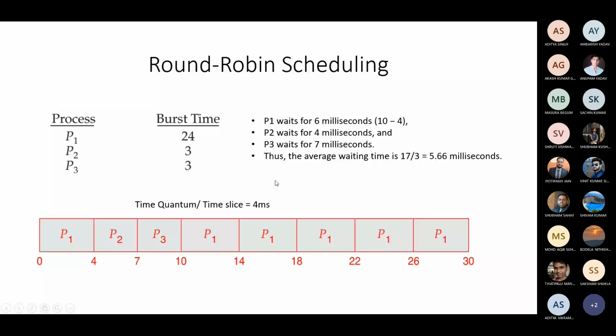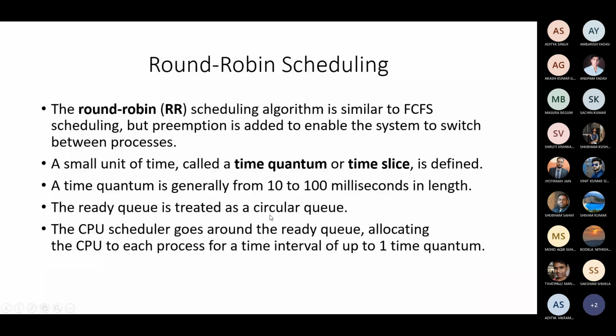I think I told you here. You see here, circular queue. The ready queue is treated as a circular queue. You can implement a circular queue using a circular linked list. That is correct only. I'm not saying what you are saying is wrong. The implementation of a circular queue you can carry out in a circular linked list, and that is totally fine.